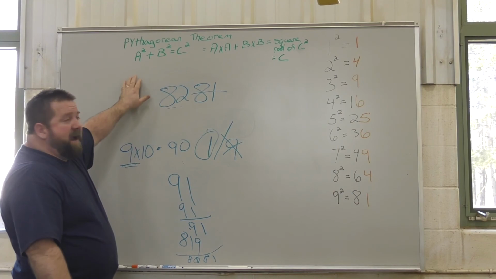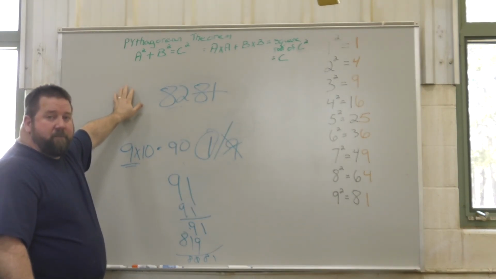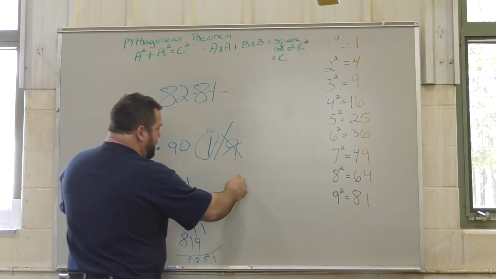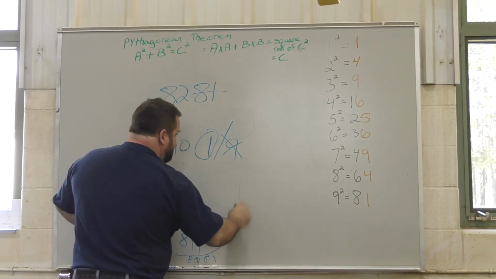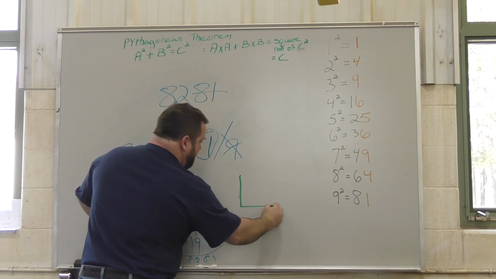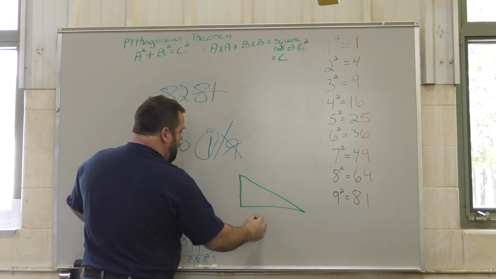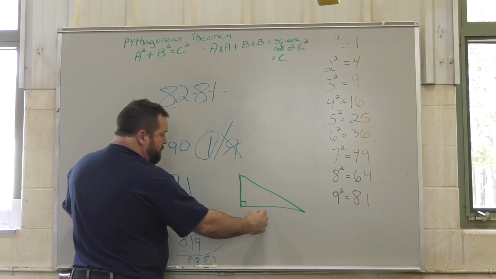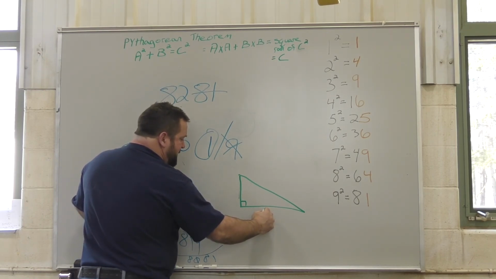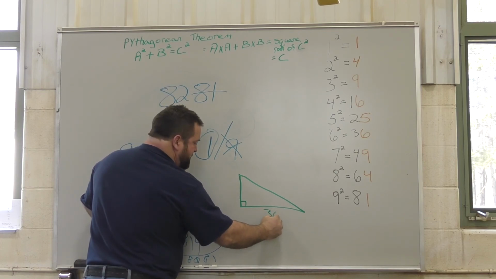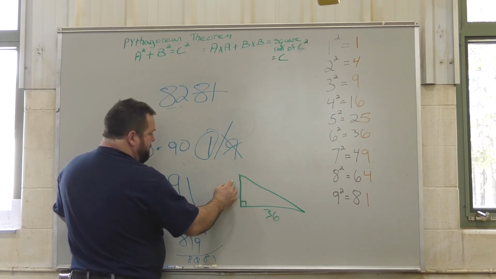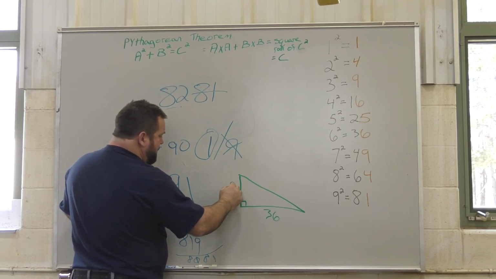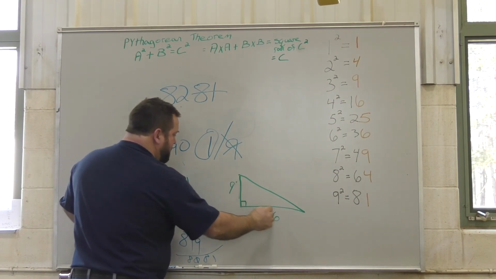We're going to use the Pythagorean theorem. When we know this is a square angle, a 90 degree angle, we know what this length is. This is 36, and this is 9 feet.